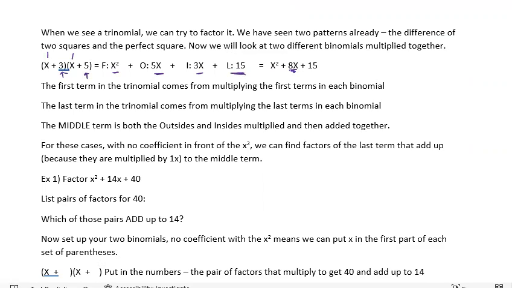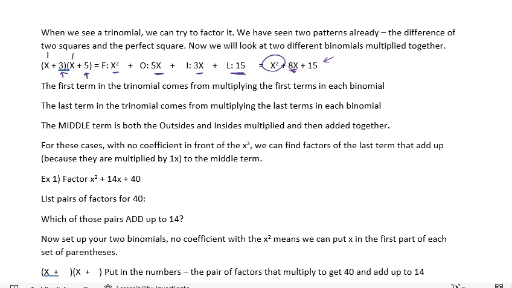For these cases with no coefficient in front of the x's, or when we start with the trinomial, it'll be no coefficient in front of the x squared. Then all we have to do is find factors of the last term that add up to the middle term. And that's because when we were multiplying, we had 5 times x because there was no coefficient, and we have 3 times x because there was no coefficient.